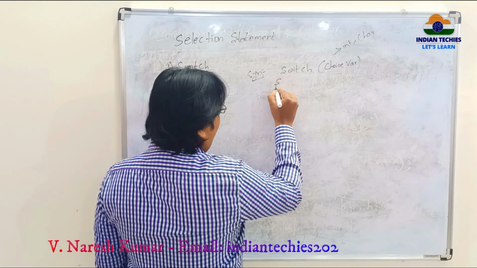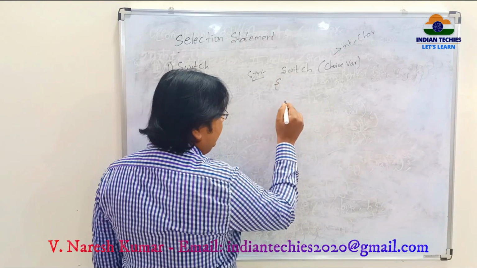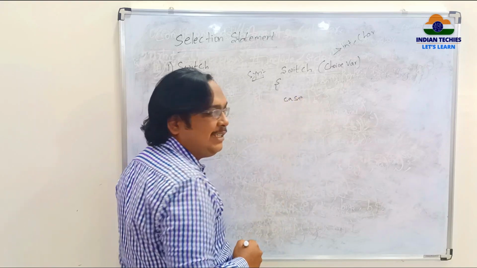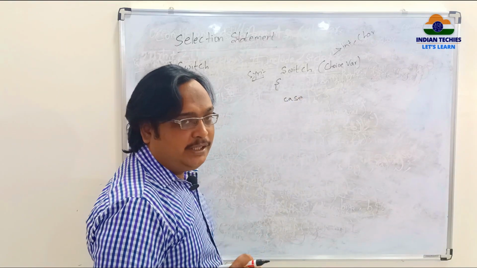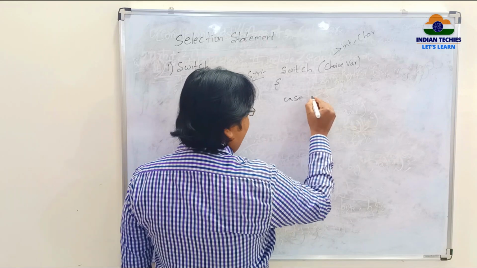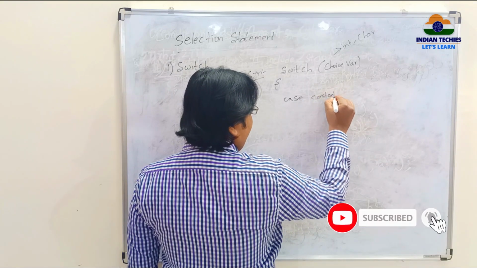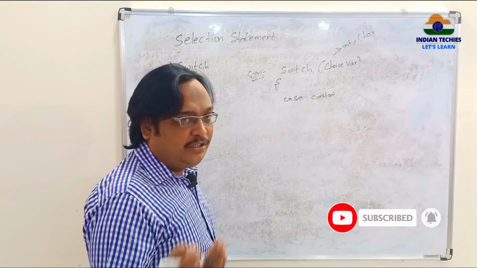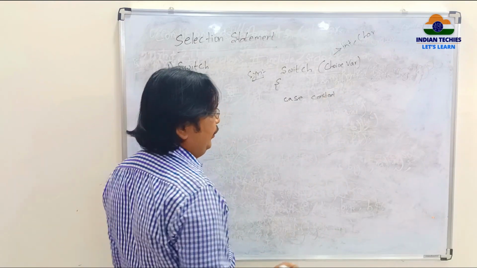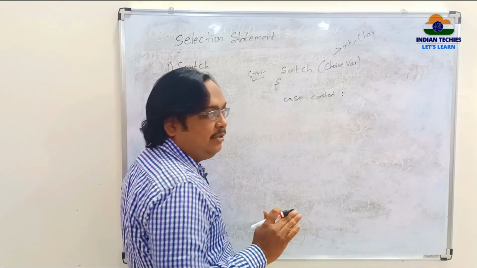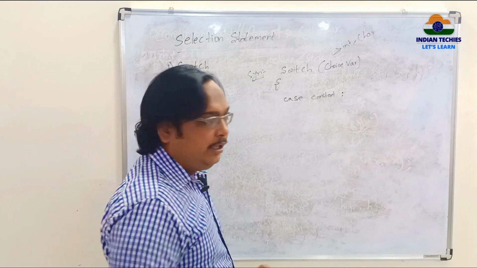Now, open the switch statement. Inside the switch statement, in small letters, you should write the word case. All small letters, case. Give one space, and write one constant. This constant is nothing but your choice, your input that you are going to give. Then keep a colon. Remember, it is not a semicolon, it is a normal colon.